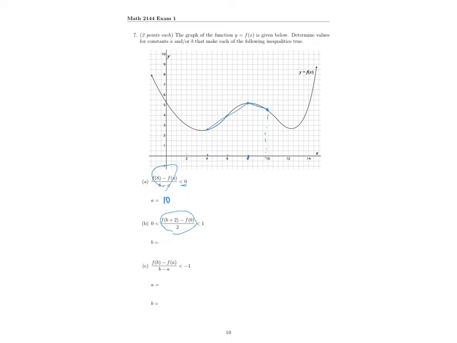So what if we did 7 to 9? I'm just picking out ones that I think might work. The slope of the secant line from 7 to 9, is that a positive slope?